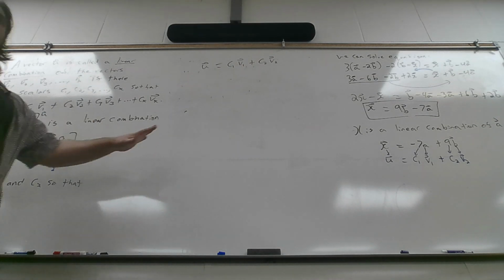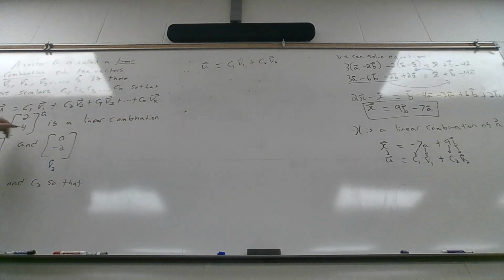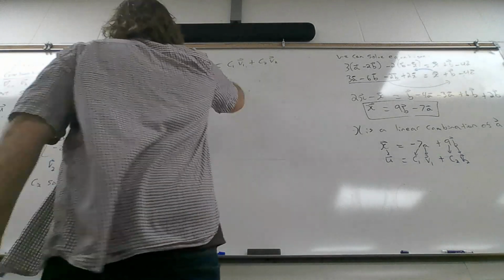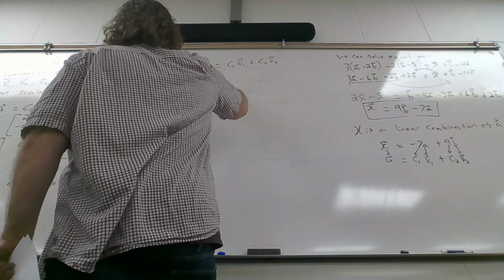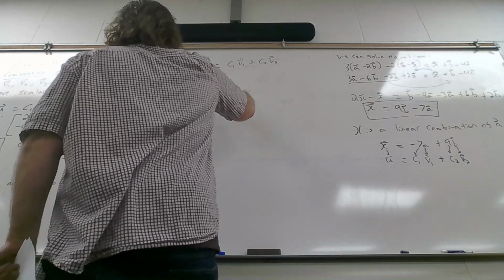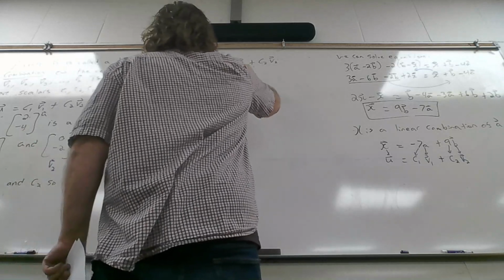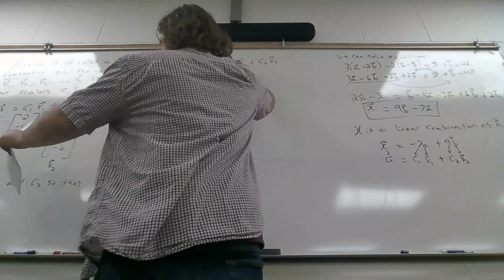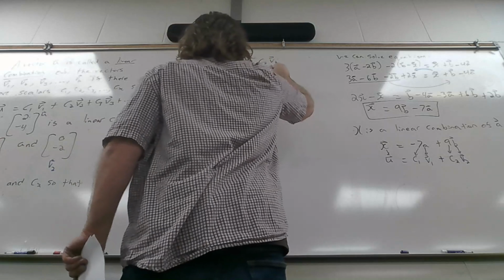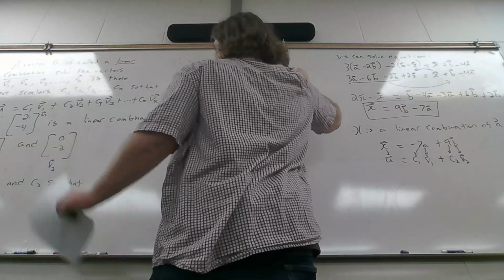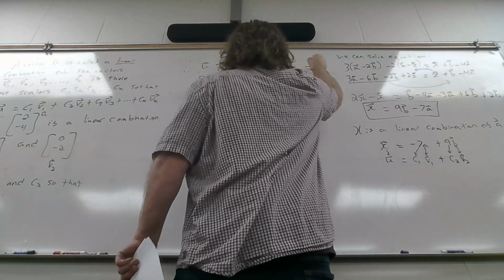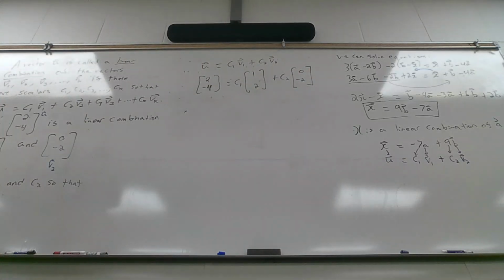Now let's unpack this notation a bit more. We know what u, v1, and v2 are, so we can go ahead and plug those in. So u is 2, minus 4. v1 is 1, 2. v2 is 0, minus 2. Okay, cool. But our goal here is to find out what C1 and C2 are, right? Those are the numbers we want to find.